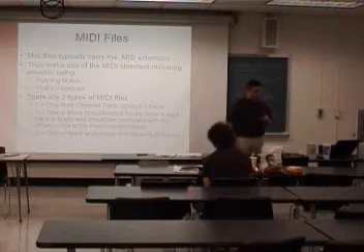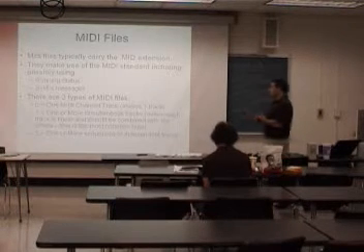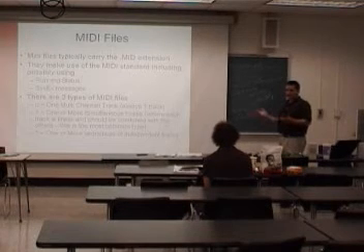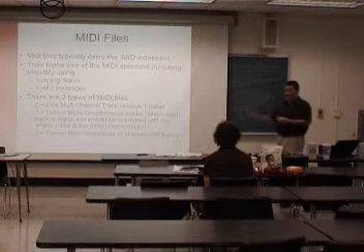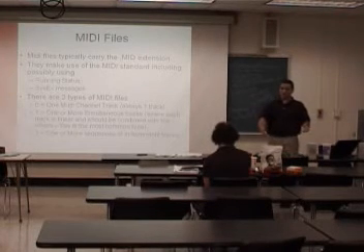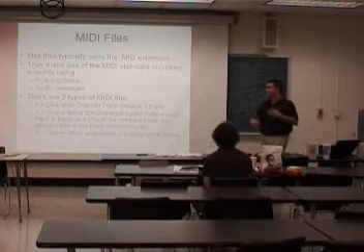There are basically three types of MIDI files. Type 0 is one multi-channel track. Effectively, think about dumping what's on the cable directly to the disk. All the channels go into the disk, and it's just an absolute recording of what's going over the cable.